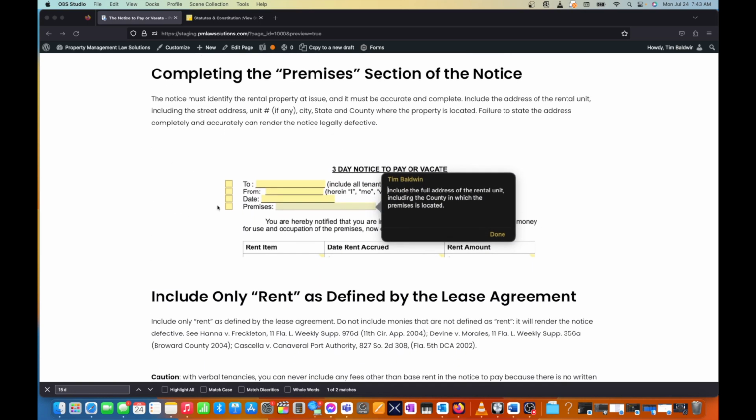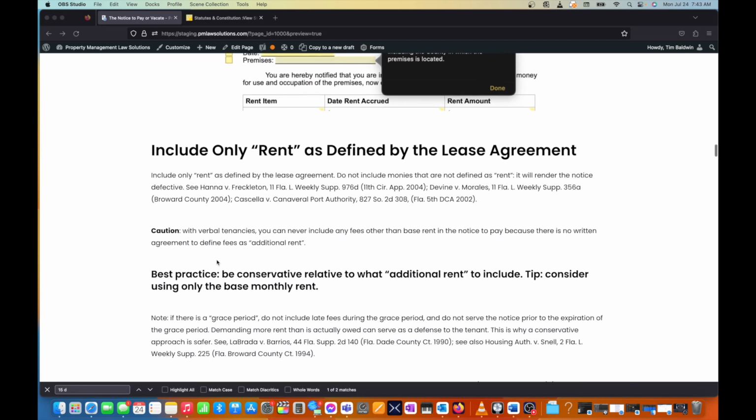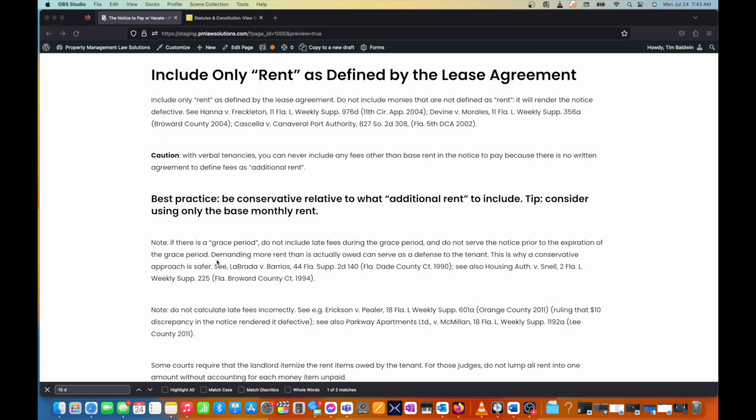And in the premises section, we put in the full address. So we're putting in the street number, street name, a unit number if there's a unit, the city, the state, the zip code, and also the county in which the property is located. As we talk about in other videos, we can only demand rent as defined by the lease agreement in the 3-day notice to pay or vacate.